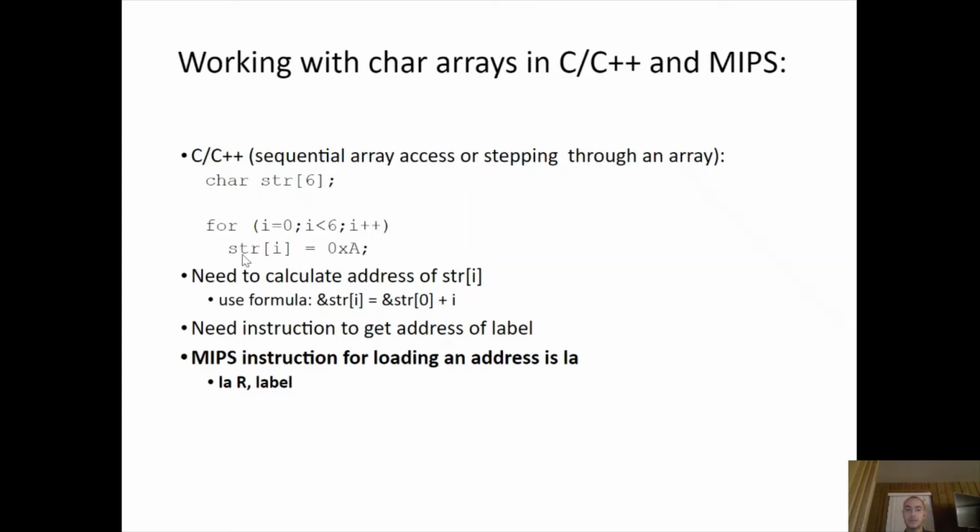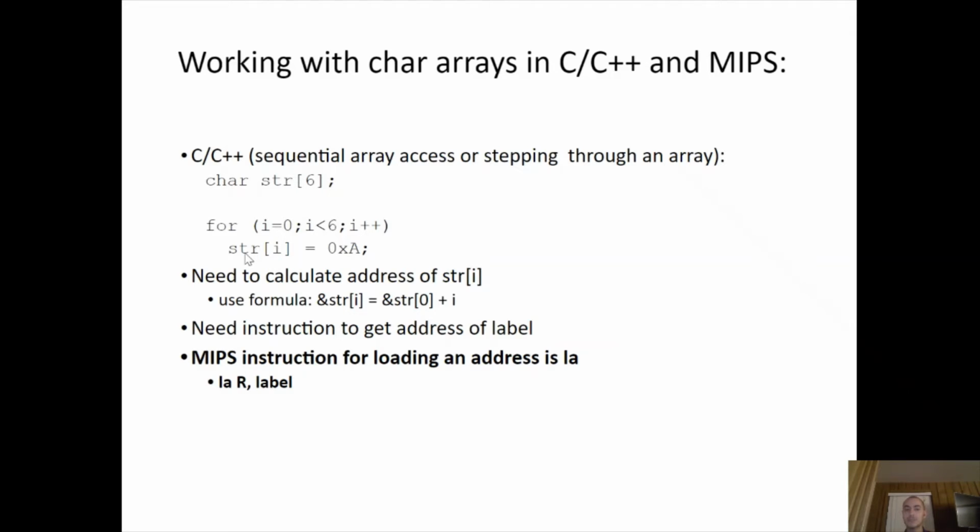So I just want to pause here and think for a moment about what actually happens when you're assigning this number 10, or some value, to that index in your array. In C you have this very nice syntax where you have your array and then you can pass any index in brackets.